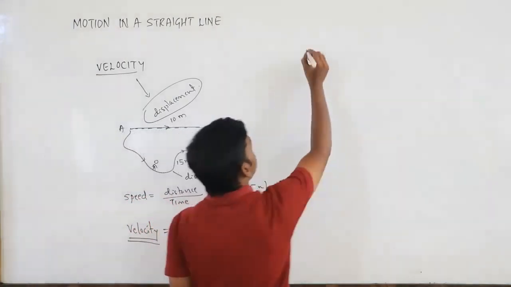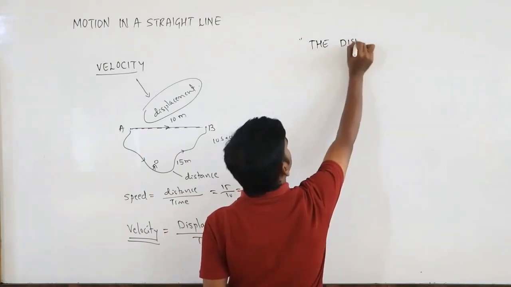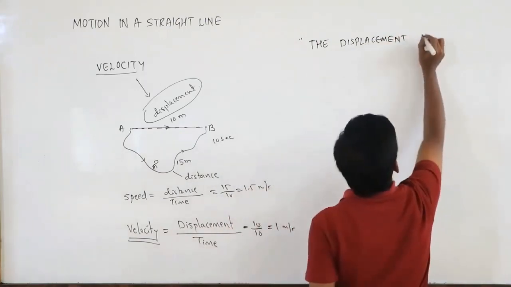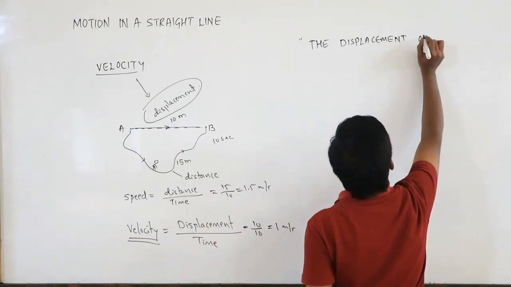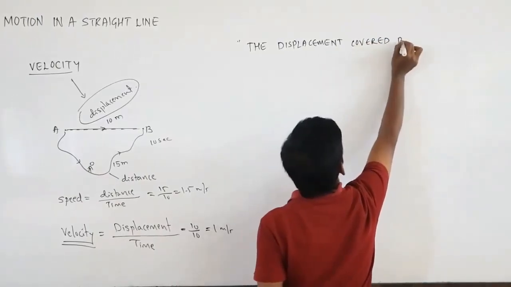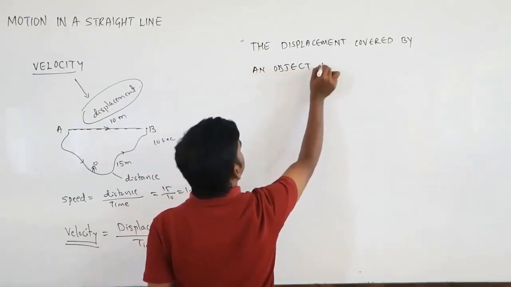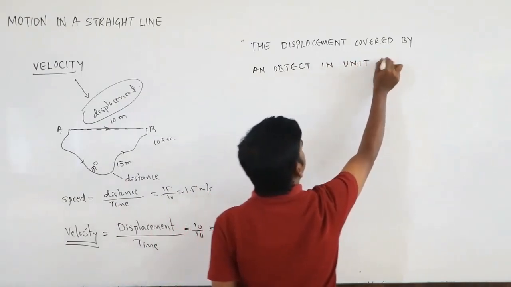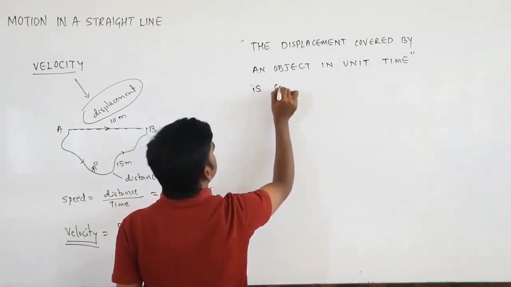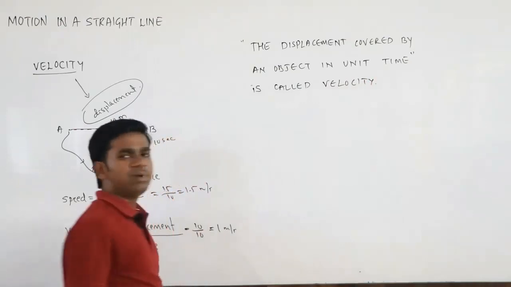So you can define velocity as the displacement covered by an object or particle in unit time is called velocity. There is not much difference between speed and velocity.